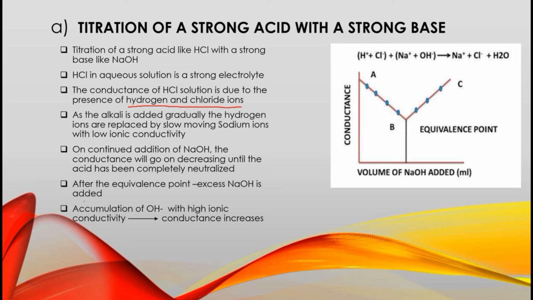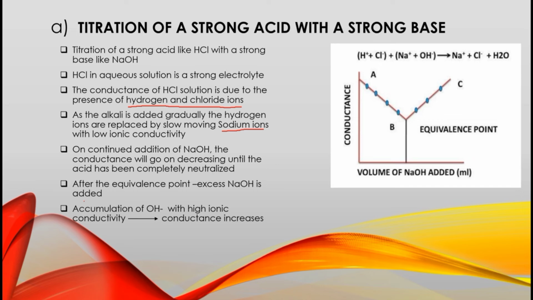As the alkali, that is NaOH, is added gradually, the hydrogen ions are replaced by slow-moving sodium ions with low ionic conductivity. On continued addition of NaOH, the conductance will go on decreasing until the acid has been completely neutralized. So we can see that here the conductance is decreasing.